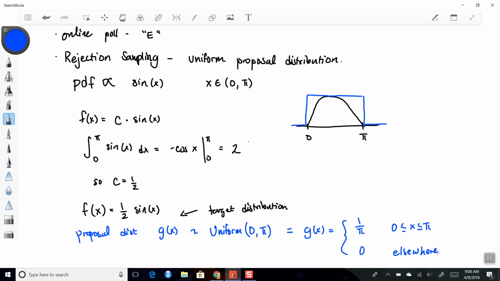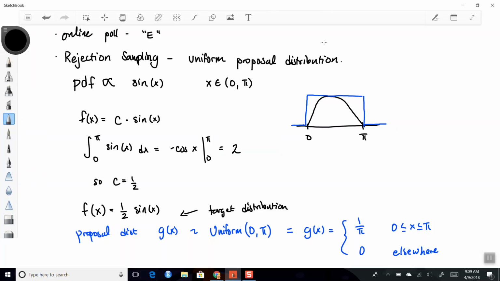That's our uniform proposal distribution. And what this will do is sample all values between 0 and pi with equal probability.